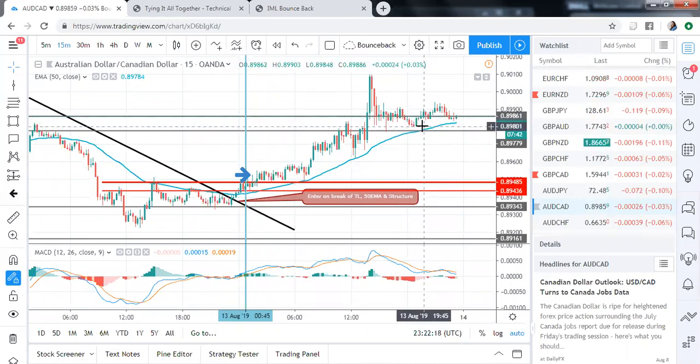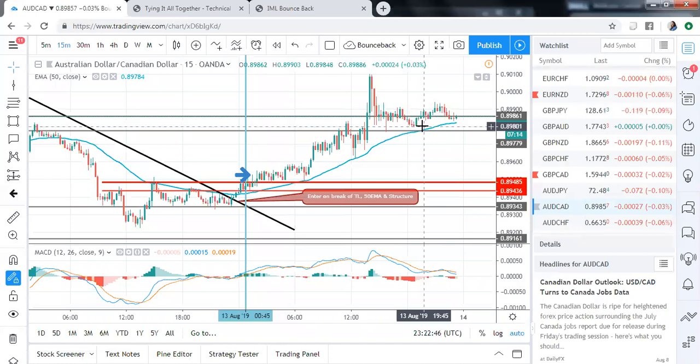So when you're looking at support and resistance, you need to look at support and resistance on the bigger time frame to identify the whole setup. That gives you take profit points, right? Then you need to identify support and resistance on the time frame that you're going to trade on. So if you're trading on the 15-minute time frame, you need to identify support and resistance on that time frame.